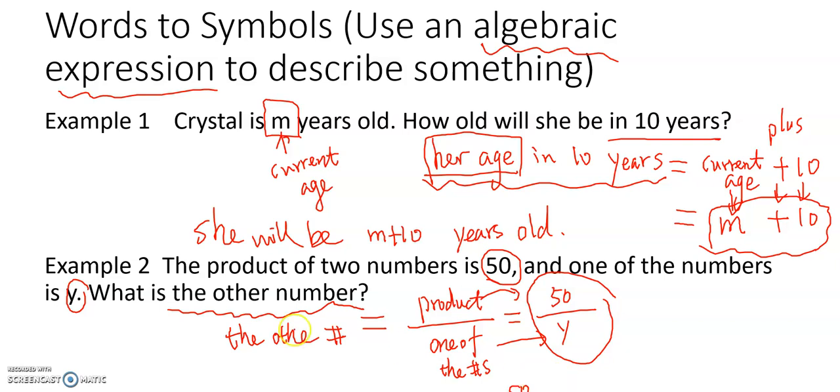So that's how we translate words to mathematical symbols. In a sentence, you would probably say, okay, I'll tell you how to find the other number: take 50 and divide by the number you're given, whatever that is. But we would like a very simple, clear expression, and that would just be 50 divided by y instead of divided by the number given.